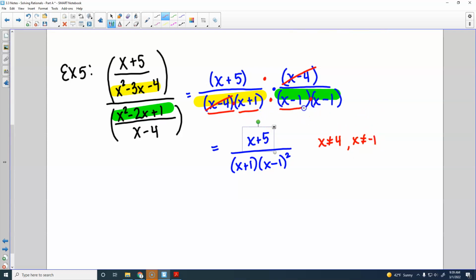And then you've got two x minus 1s here, but x cannot equal +1. And over here, in the very beginning, x minus 4 was in the denominator. So it actually has already been listed because it was a factor in both places. But you have to say x minus 4 cannot equal 0. That just gives you the 4 that we already have listed there.